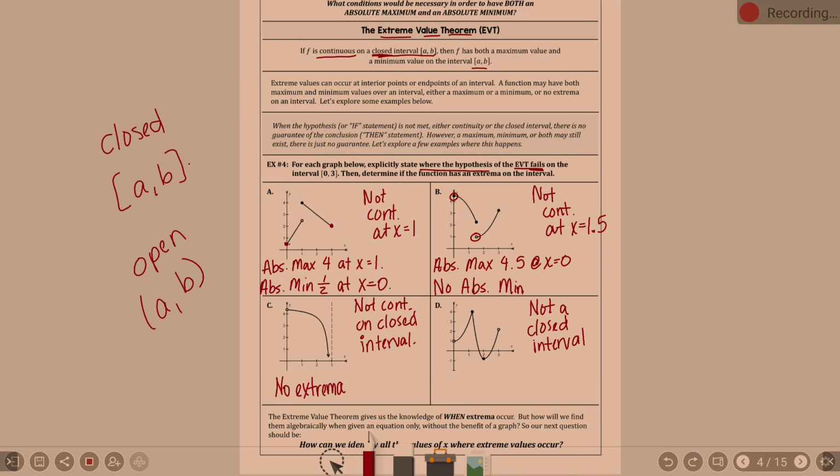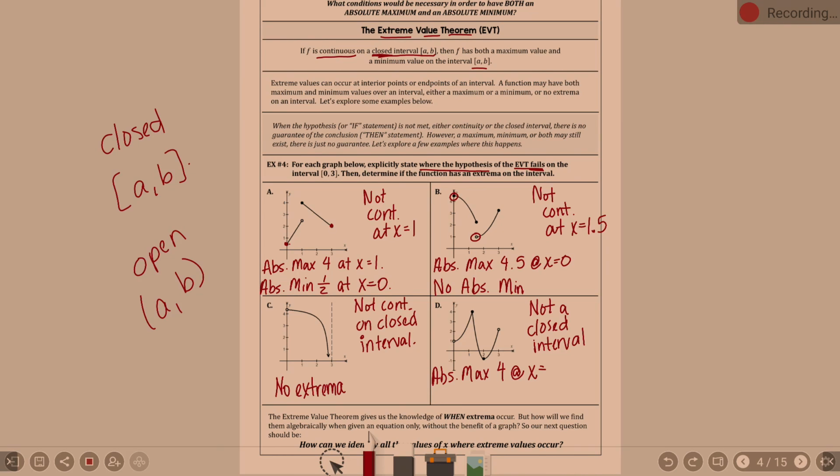What do we have going on though? An absolute max, maybe it is. I put it at 1, but that is definitely not at 1.5. I said 2.5. Probably 2.5. I have 1.2 written in my notes.